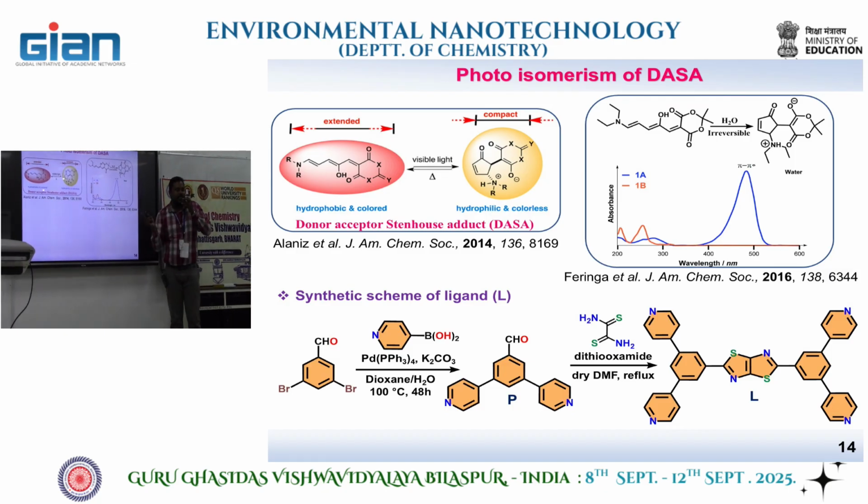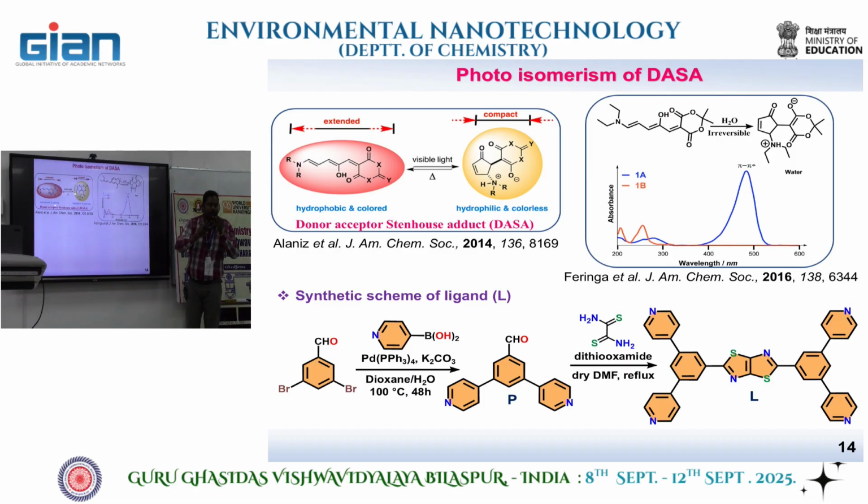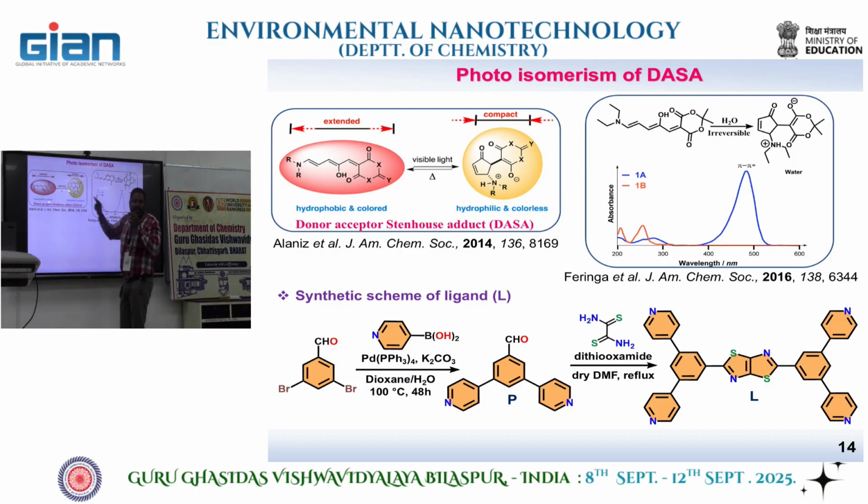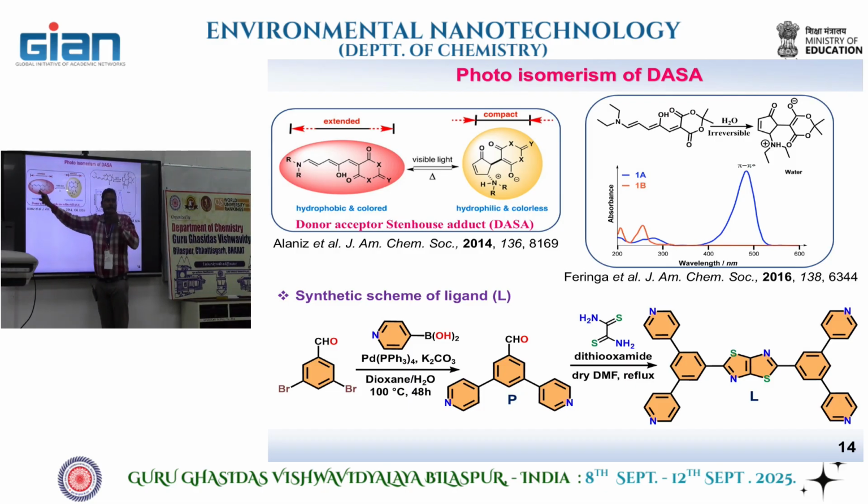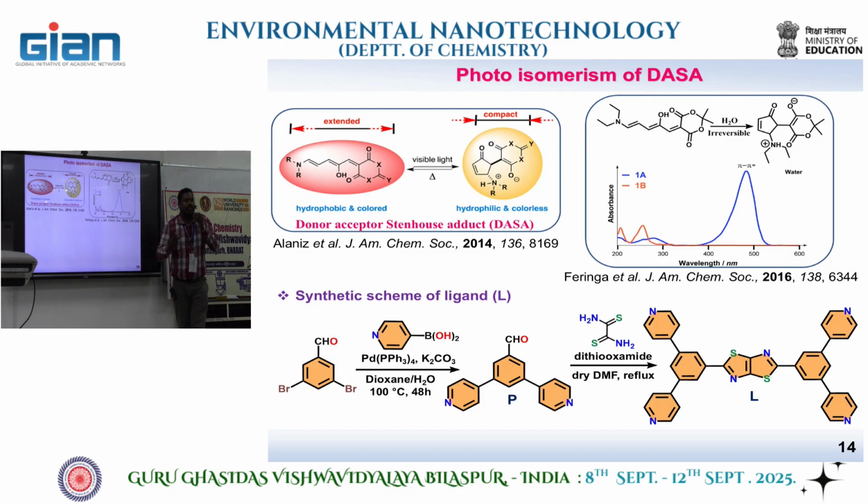So by changing solvent you can see two colors. Also in organic solvent, if you keep this red solution under visible light, slowly you will see a yellow color appearing, because light irradiation forms a zwitterionic structure, which is not stable. So this is a reversible process in organic solvent.